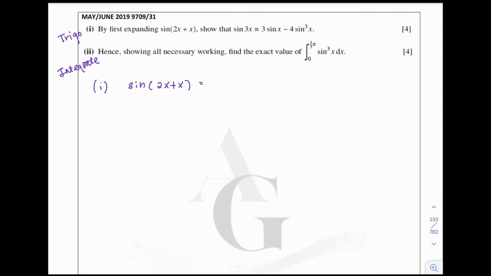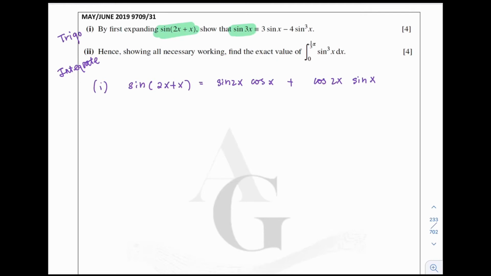According to the formula provided, it equals sin 2x cos x plus cos 2x sin x. Then proceed to the second part: show that sin 3x equals the right hand side. Take note that the sin 3x we are supposed to prove is equal to what we have expanded, sin(2x + x).